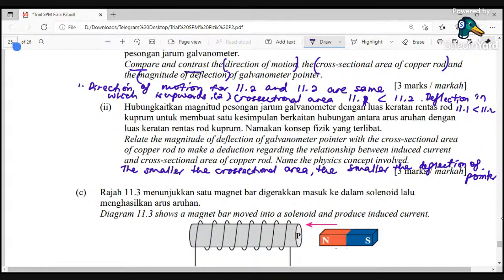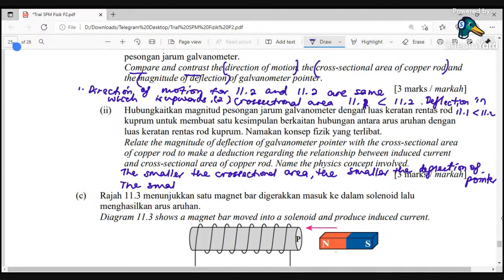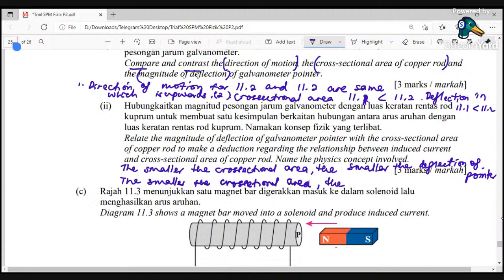Okay, thus the smaller the cross-sectional area, the smaller the induced current.